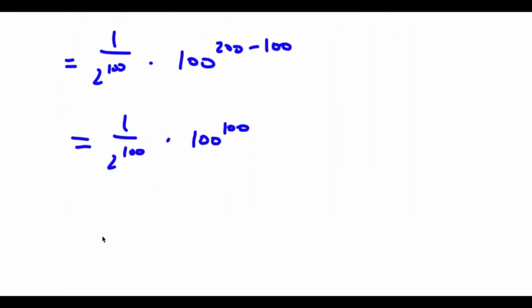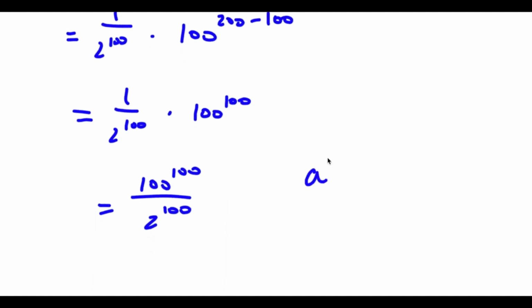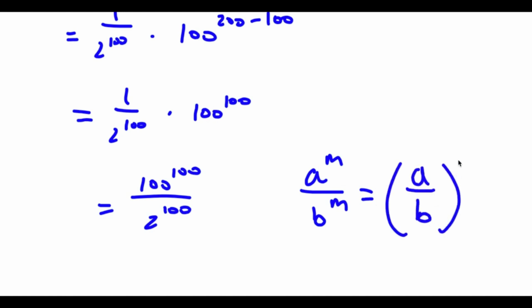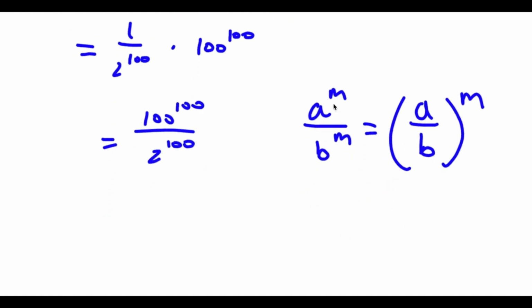Now, we can go ahead and multiply these two again. So now I'll have 100 to the power of 100 over 2 to the power of 100. Now, if I have something in the form a to the power of m over b to the power of m, this is the same thing as a over b to the power of m. So we are technically, in this case, factoring out our exponent here, because let's say we had 5x plus 15, we would be factoring out 5, right?